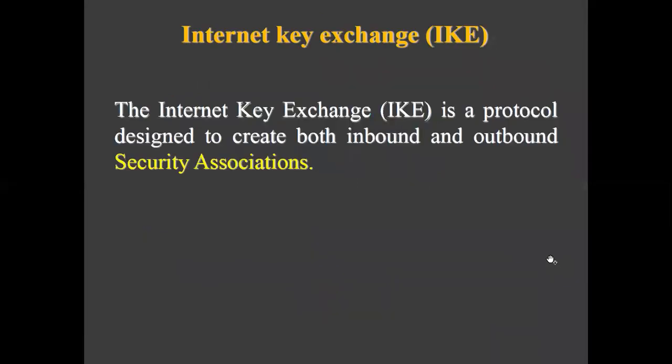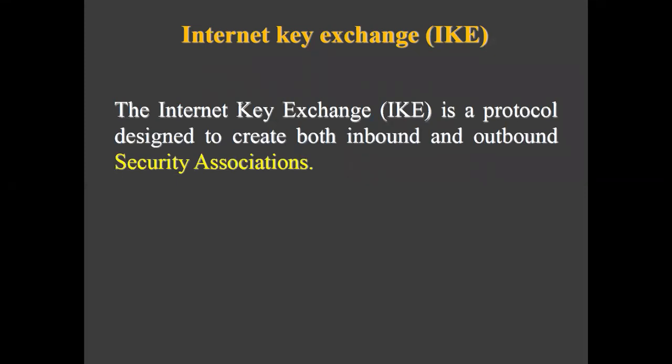The Internet Key Exchange Protocol is designed to create both the inbound and outbound security association for IPsec. As we have already discussed, when a peer needs to send an IP packet, it consults the security policy database to see if there is a security association for that type of traffic.